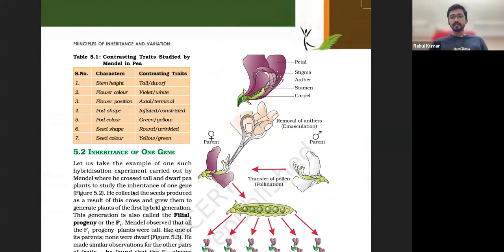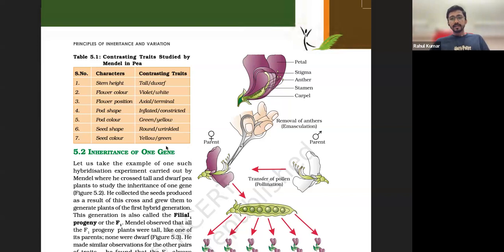I start with more of a story, and then I go into the details, telling you which part of the story was one gene inheritance and which part was two gene inheritance.